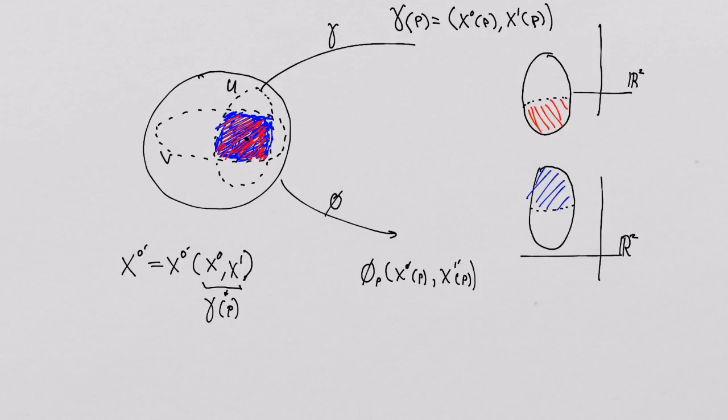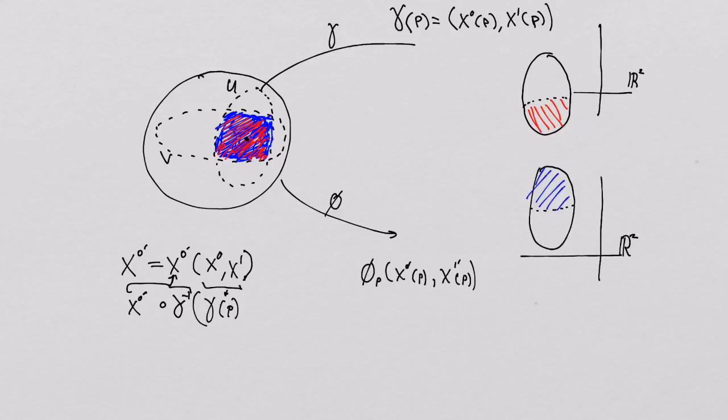So this is this whole process. It starts here and it ends up here. So it's got to be gamma inverse composed with x0 prime. That's what this function is.